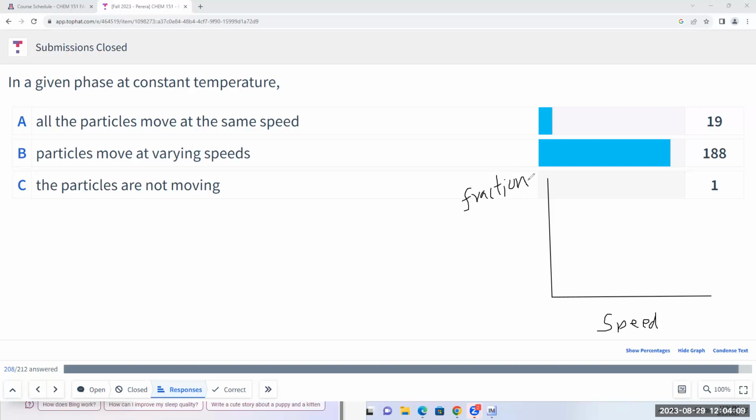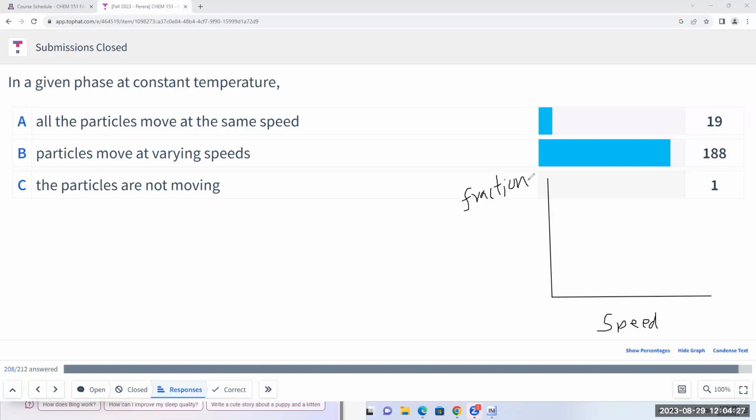Fraction means the percentage of particles. If you have 100 particles, how many particles move at a certain speed? That gives you the percentage, but in a fraction, instead of having 100 in the denominator, we have 1. It's the same idea. Fraction and percentage are analogous to each other.